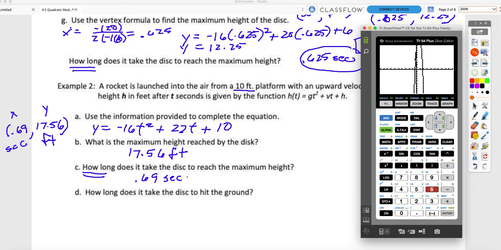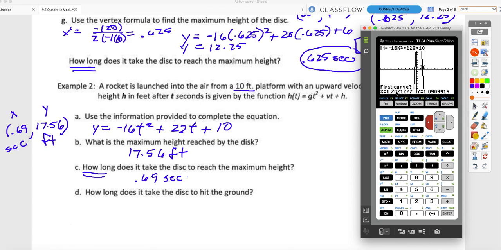The rocket got launched off a platform at a y-intercept right there. So I'm going to go ahead and find the other x-intercept. And my cursor is right there because it always lands on the y-intercept. I'm going to take it up and over the vertex and bring it down the other side. Oops, I overshot it.